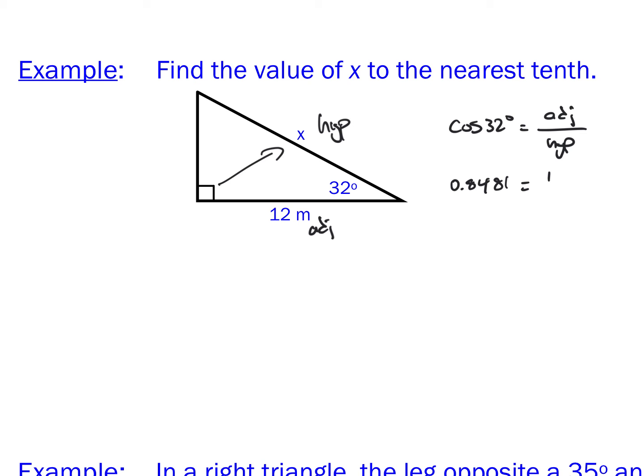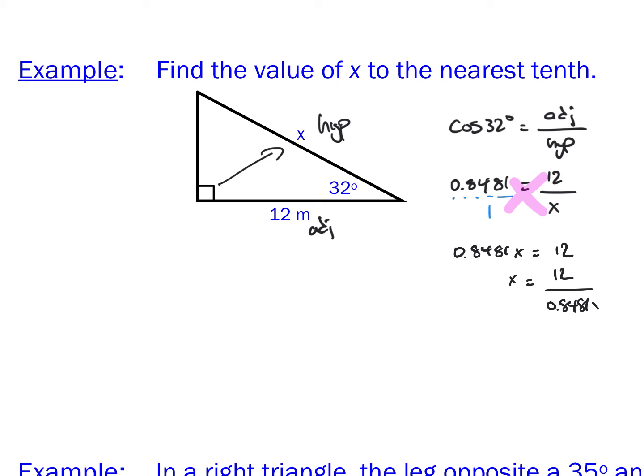The adjacent is 12. The hypotenuse is x. Let's drop a 1 underneath. And then we're going to go ahead and cross multiply. So we're going to get 0.8481x equals 12.